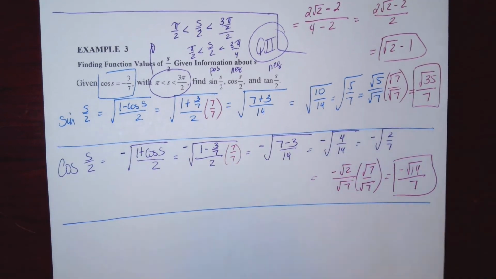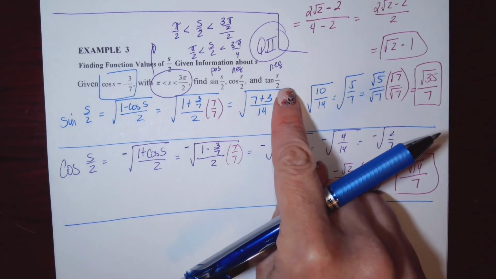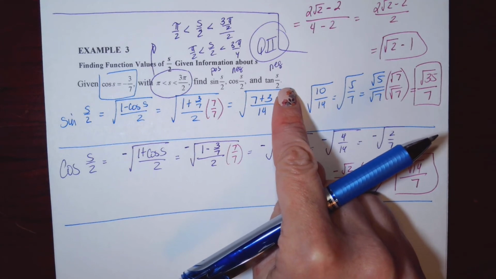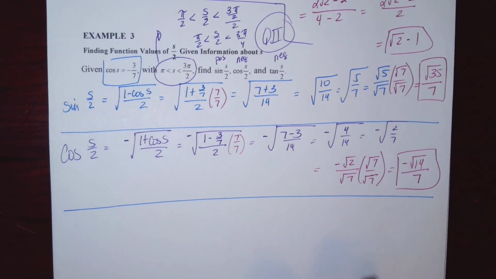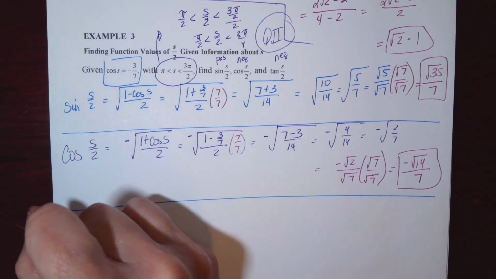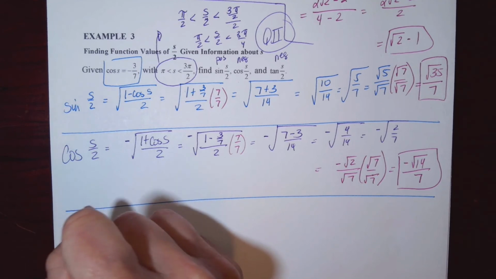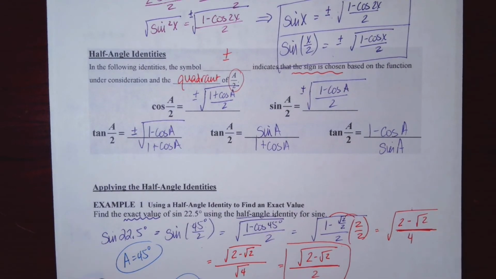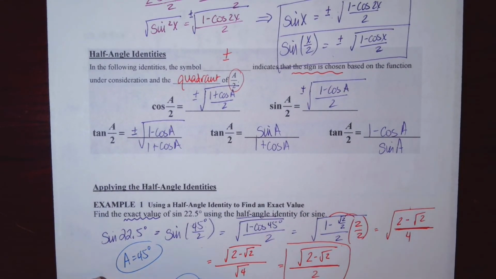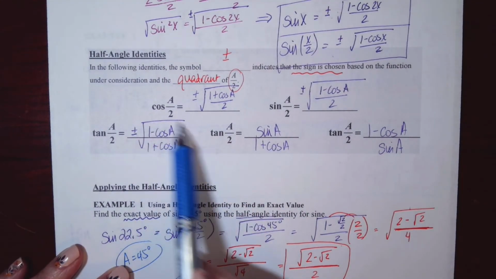Alright, next, last, tangent of the half angle. Now, I've got some options here. We're going to go ahead and practice using my tangent half angle identity. And remember our rule of thumb that we use our givens, not found values. Well, we were only given cosine of s.